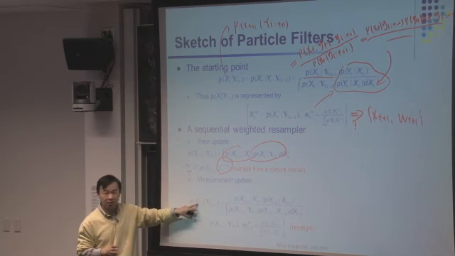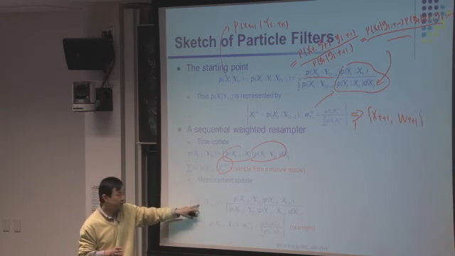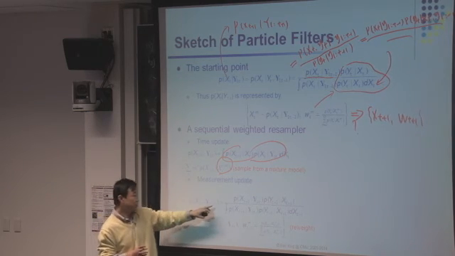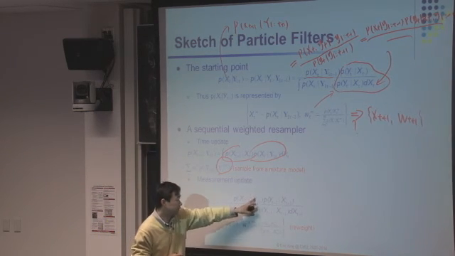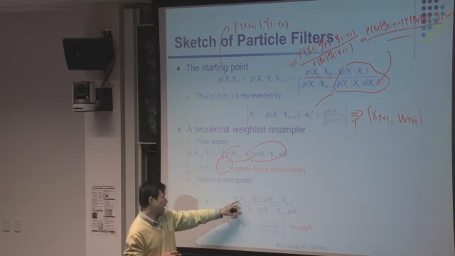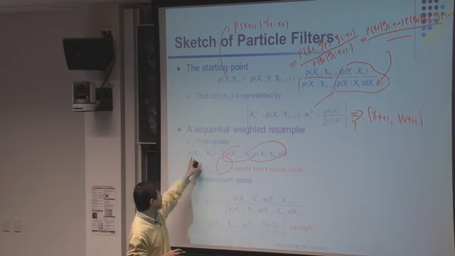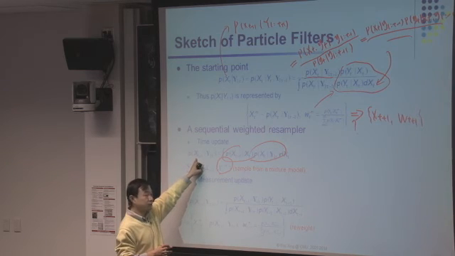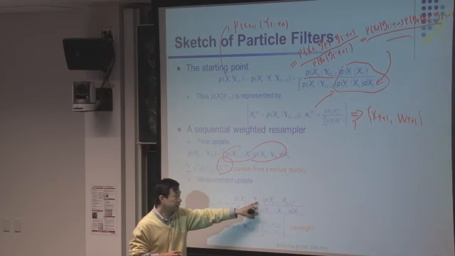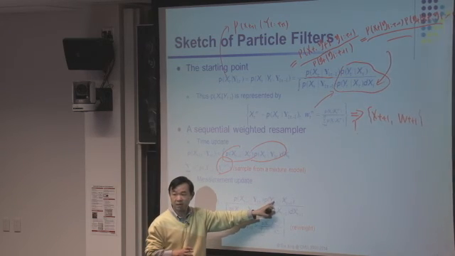Once you have a sample from this guy, we move 1 step forward. This is our target distribution of x t plus 1 given y 1 to t plus 1. By definition, it is a product of the predictive distribution of x t plus 1 given y 1 to t, times an emission probability at x t plus 1.